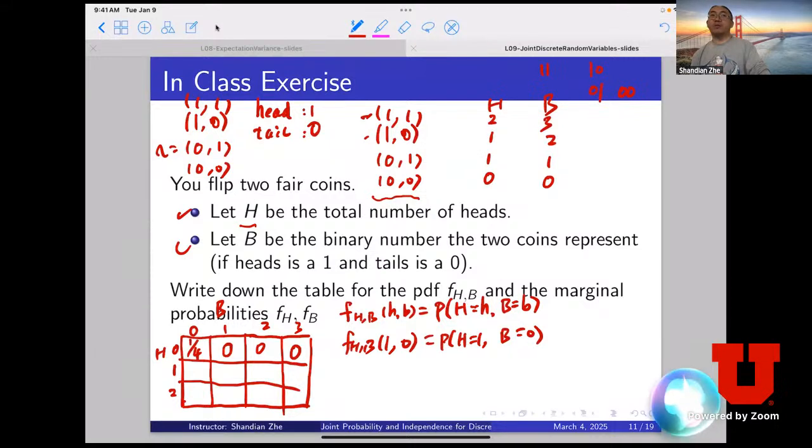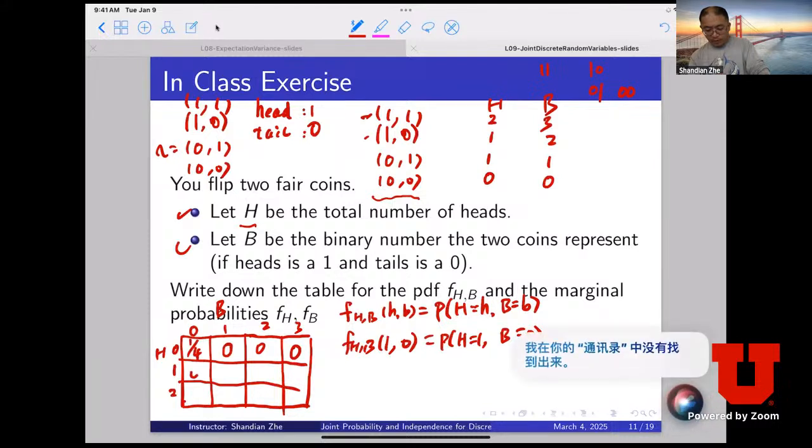The reason is simple: H is 1 means that there is one head, and then B cannot be 0. If you put a digit 1 to a binary sequence, this binary number will always be bigger than 0. Does it make sense? So that's why this guy must be 0.